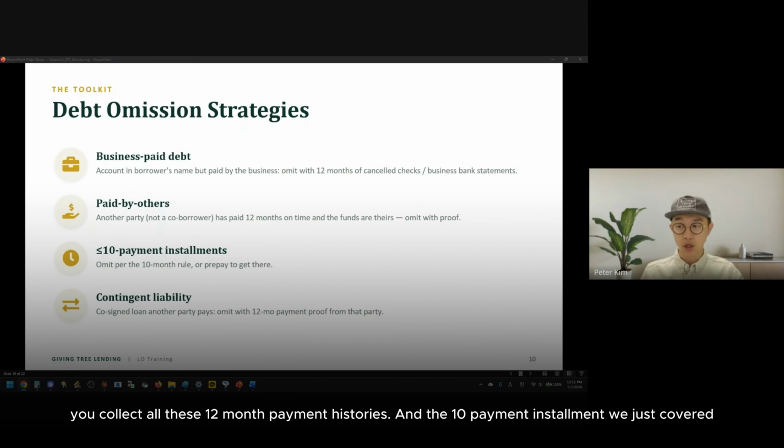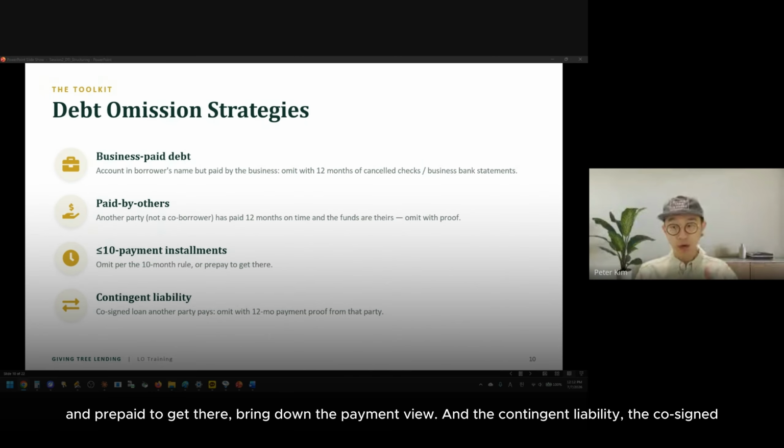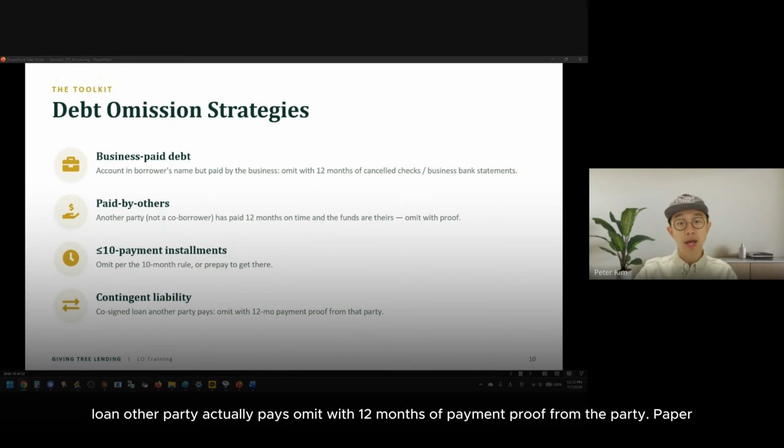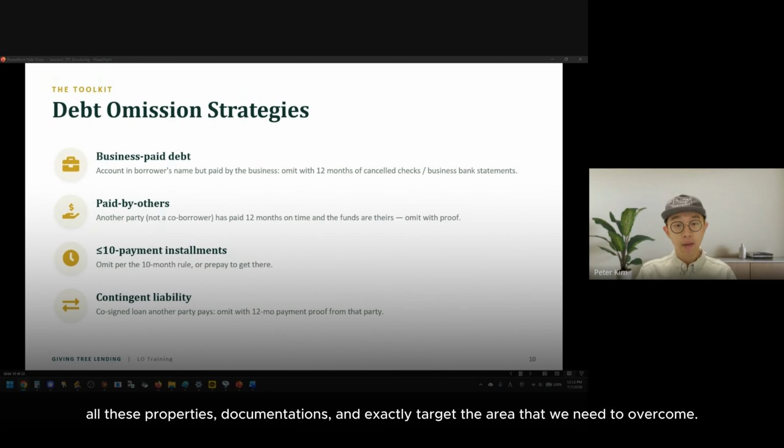So make sure you collect all 12 months of payment history. And the 10-payment installment we just covered, prepay to get there and bring down the payment due. Then the contingent liability: a co-signed loan where the other party actually pays can be omitted with 12 months of payment proof from the party. Paper all these properly, with documentation that targets exactly the area we need to overcome.